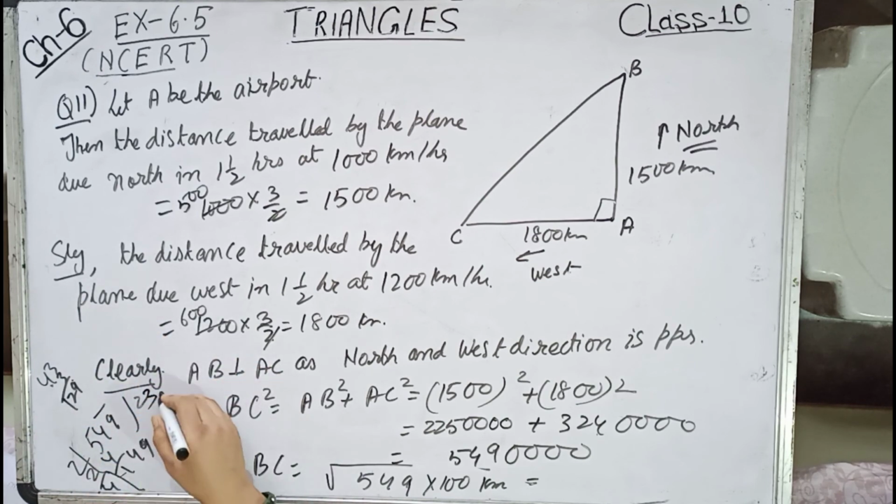So 23 point something will come. Whatever you solve is the answer to the required question. Find it to two more decimal places, then multiply by 100 to give the answer. I am leaving it for you. Let us move to the next question.